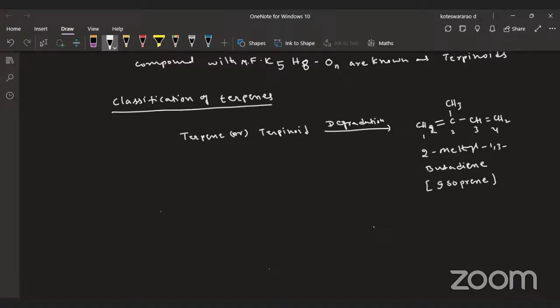Now this is the isoprene unit. This is one basic unit present in terpenes and terpenoids, which results whenever we subject terpenes and terpenoids to degradation.